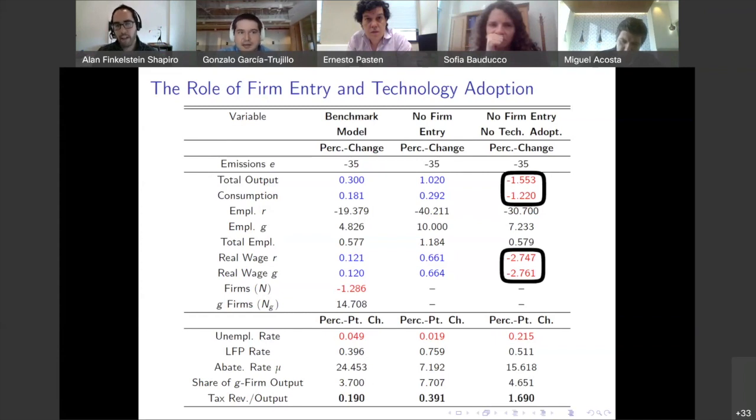Because the clean technology starts from a very bad starting point, if you don't help the firms with R&D subsidies, they by themselves are not going to be able to catch up or improve the clean technology in order to do the switch. So in here, you don't have that problem, right?